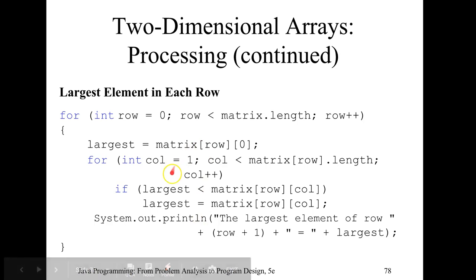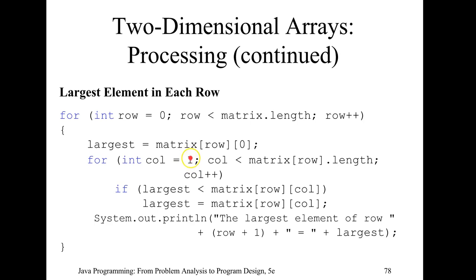Let's walk through what we're looking at. In this case, we're looking for the largest element in the row. Let's assume that when I start at the first element in the row, remember row[0], that's the largest for now. And now let's loop through the rest of them.